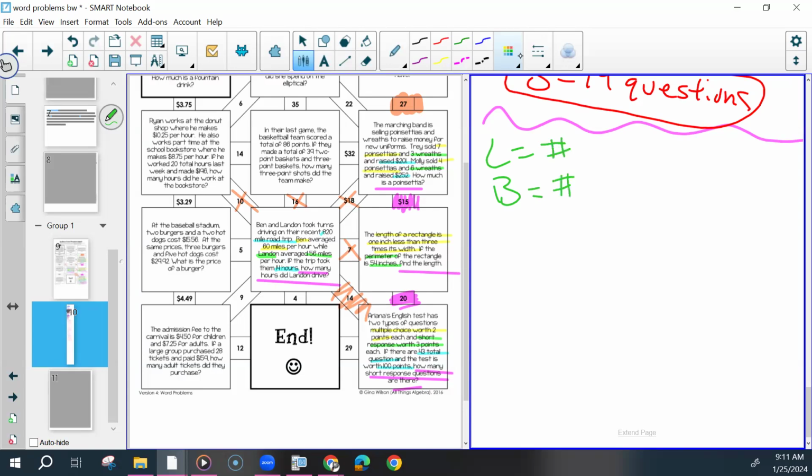Number of hours Landon drove and Ben drove. This one again has 4 numbers. One of your totals is not at the end, so be careful there. How would we set up these two equations?